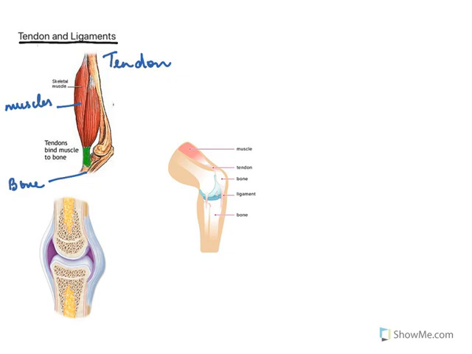So this is the tendon that connects the muscle to the bone. Even here, the muscle to the bone is connected by the tendon. So the tendon connects muscle to bone. Now we go to the ligament. The ligament connects bone to bone.